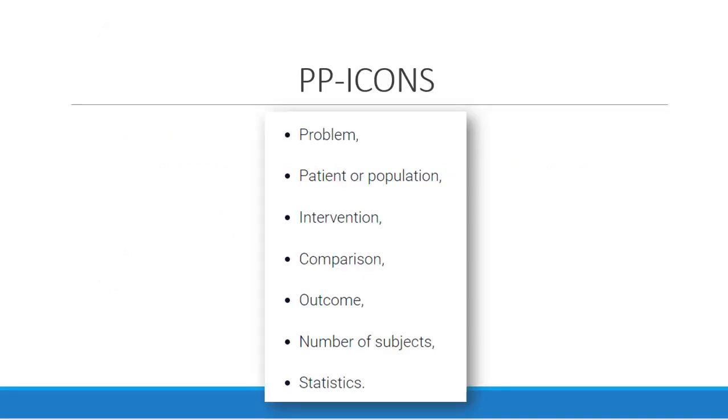And so what are the PP icons? Well, it looks like your PICO, right? Your problem and patient population all tie into the same thing. And you can read the article, but basically you've got your PICO right here. And then something that the author talks about, I might disagree a little bit. What I should say is I agree, but not completely.